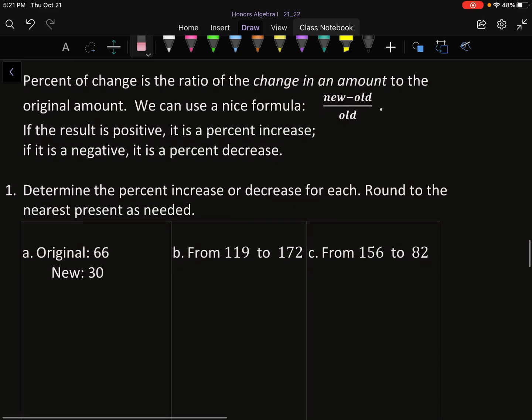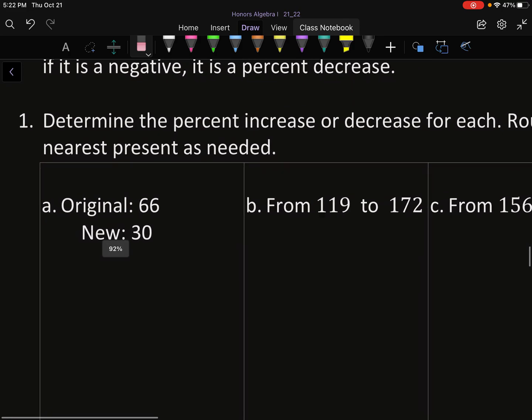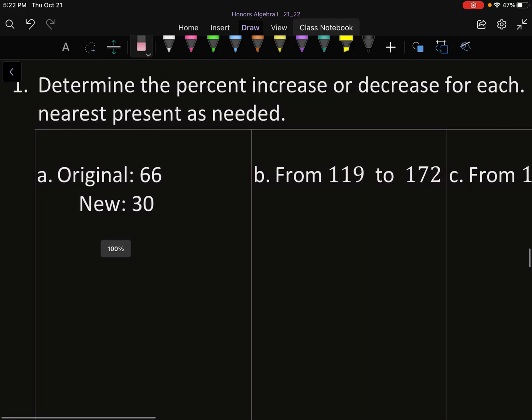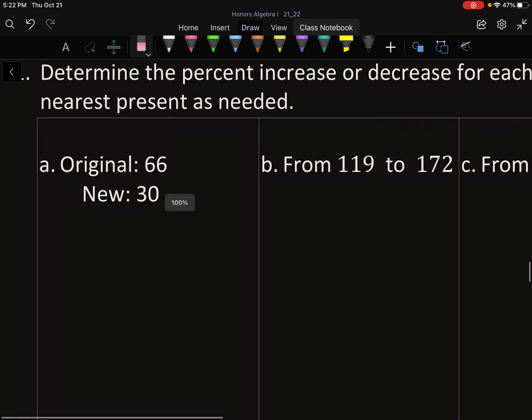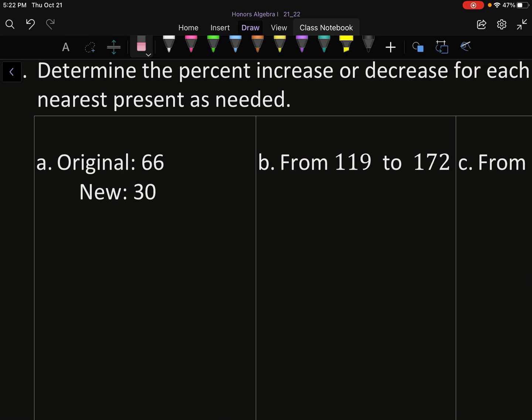So we're just going to go right into it. Determine if it's a percent increase or decrease. Round to the nearest percent as needed. Obviously, if we're going from something larger to something smaller, it's going to be a decrease. Let's go ahead and put it in the equation.